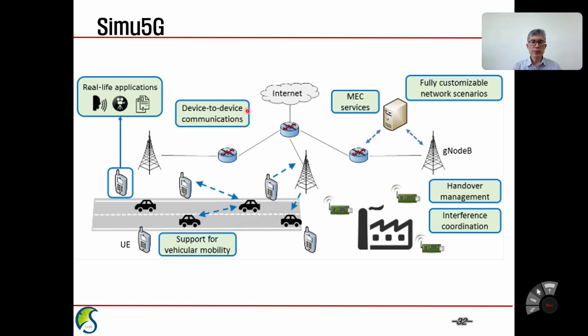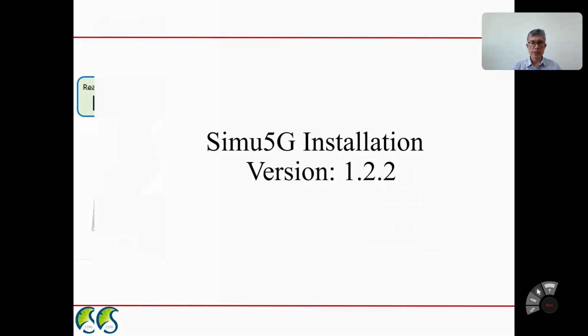Also, we have multiple functions like the UPF, user plane function, and this is the internet data network. Also we have edge computing, multi-access edge computing servers here. So handover or interference coordination can be done.